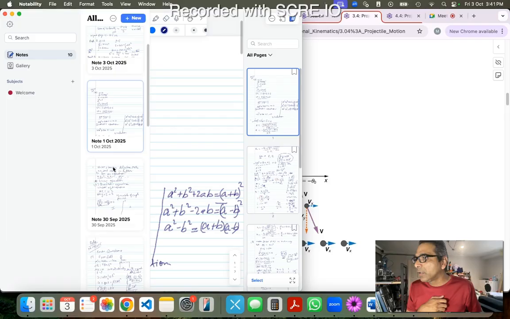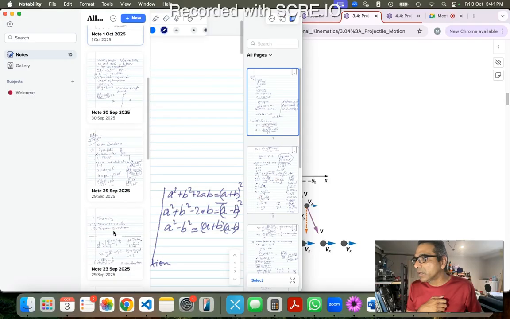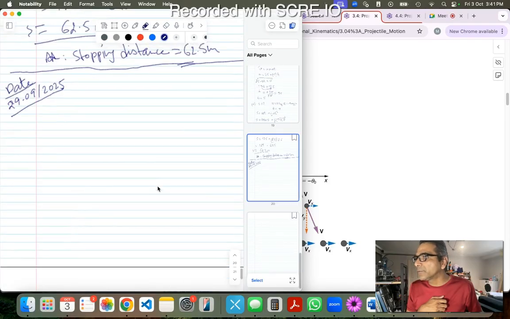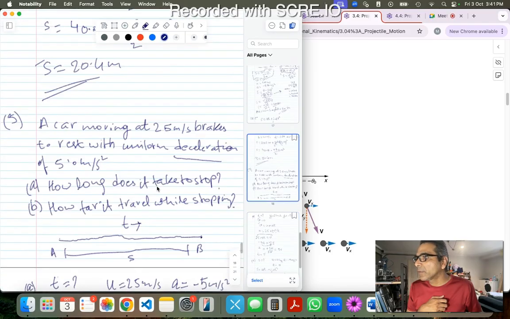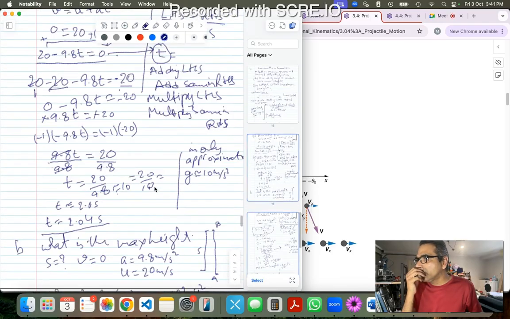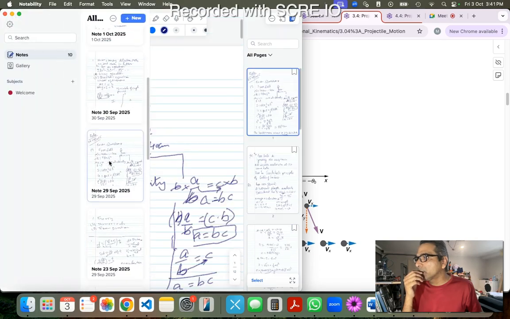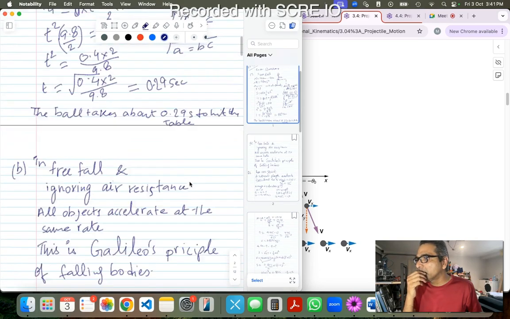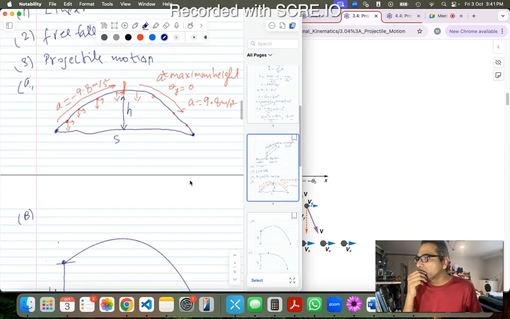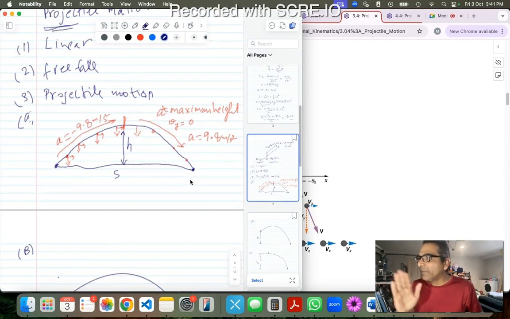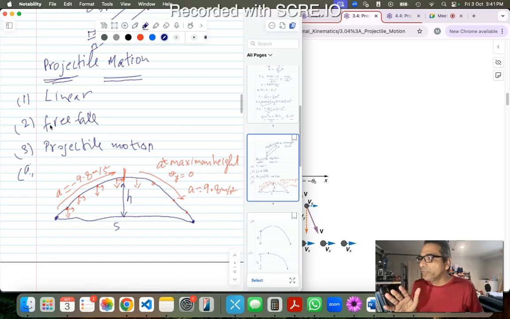Yes, we have done linear motion, free fall, and projectile, so the motion is a three-part thing.